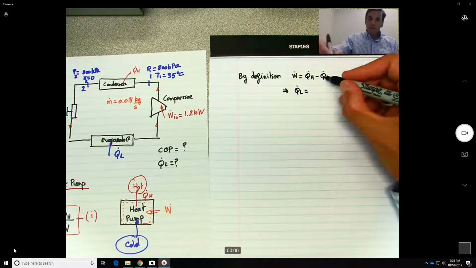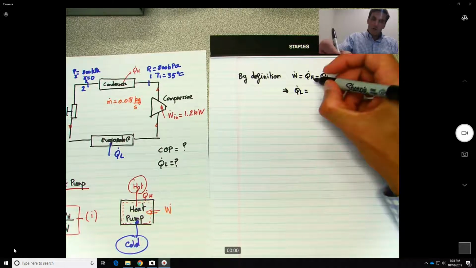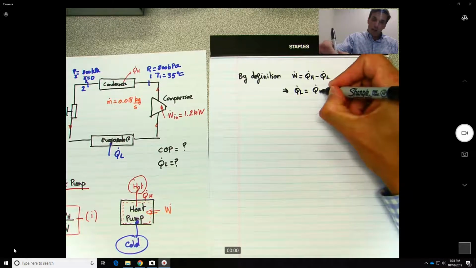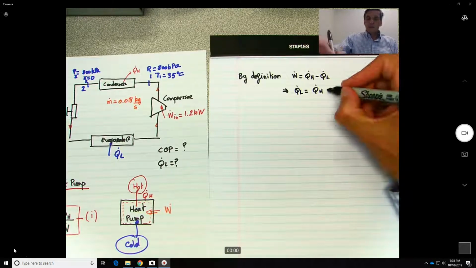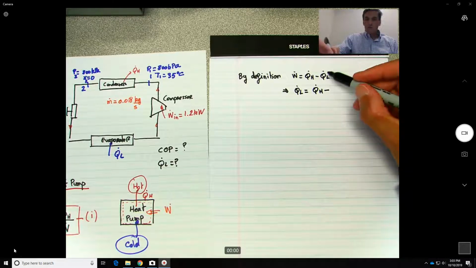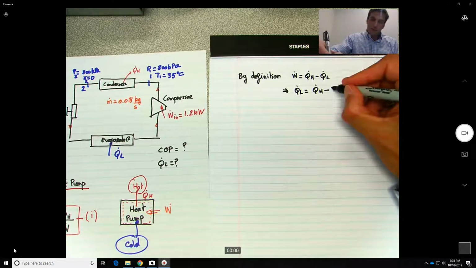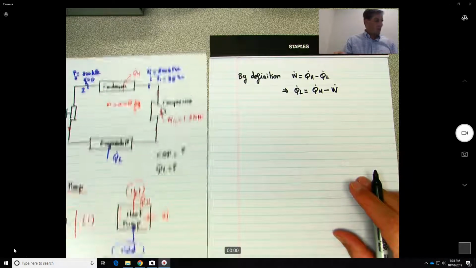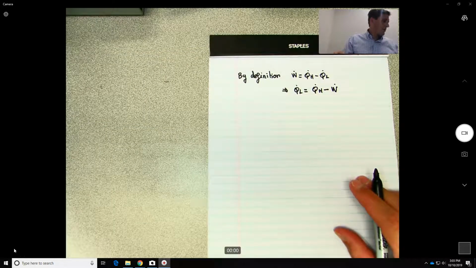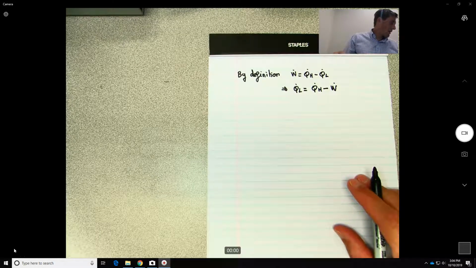Will be equal to Q dot H minus the power. So we just calculated the COP, but we had another equation.